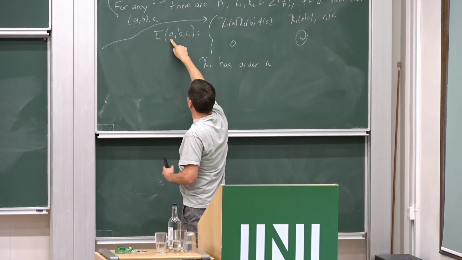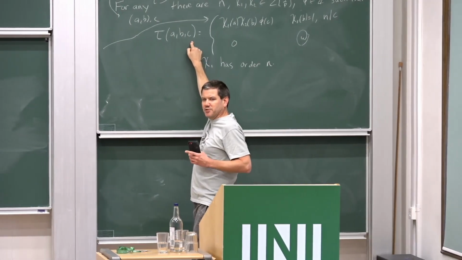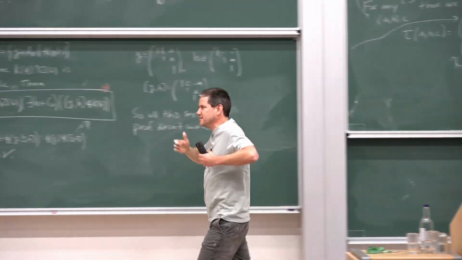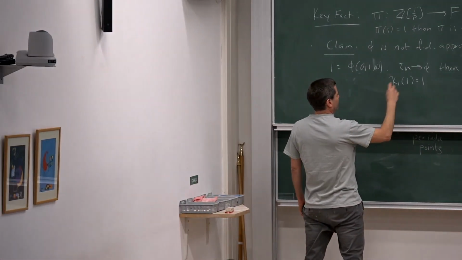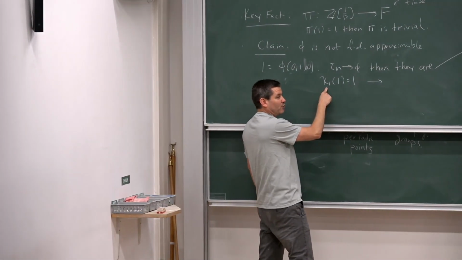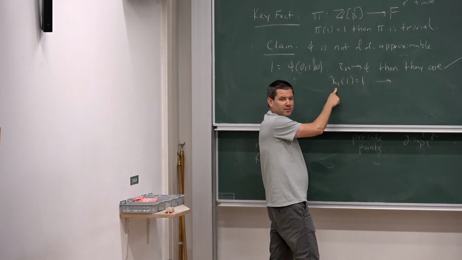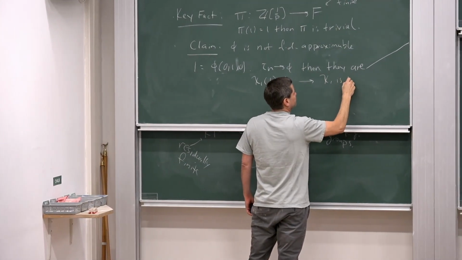So that means tau of a, 0, 0 for all a has to be 1 as well. So it can't separate z from the rest of the group. So narrow those chi1, but then because chi1 has finite order, this is a homomorphism to a finite group. Right? This is a homomorphism to a finite group. So then chi1 is trivial.